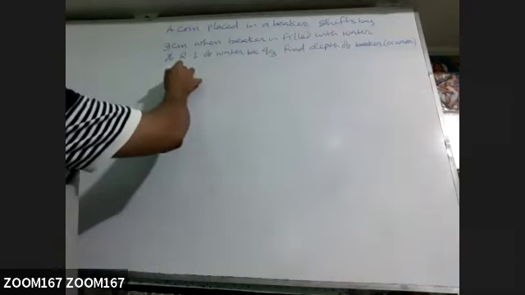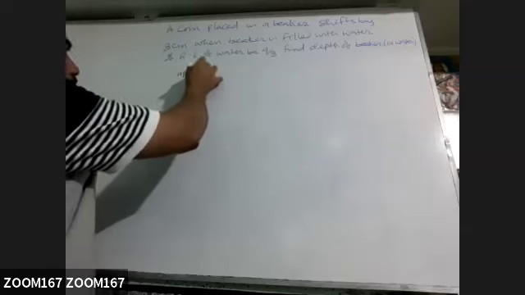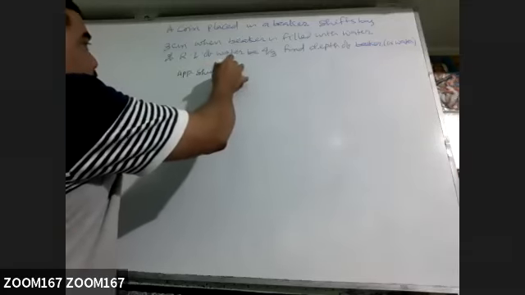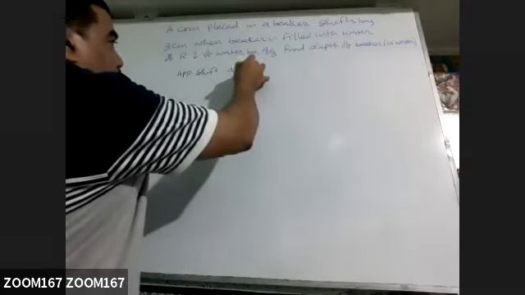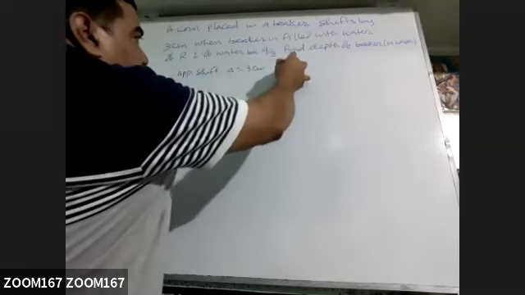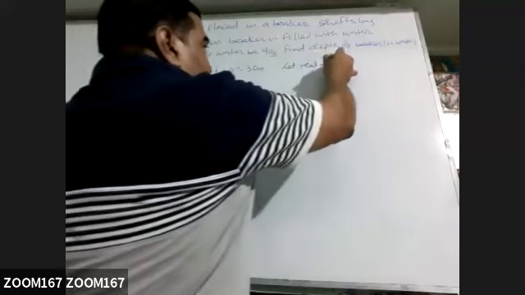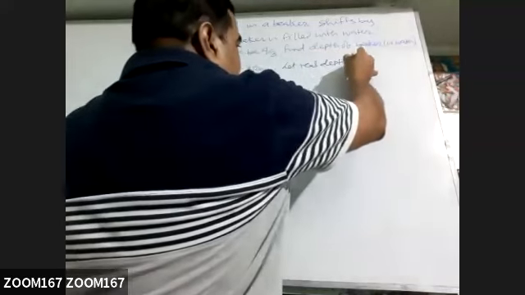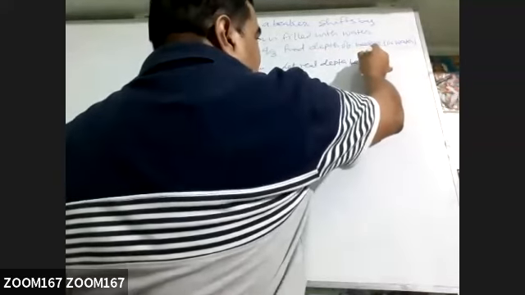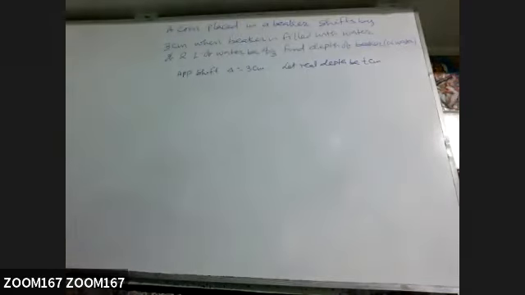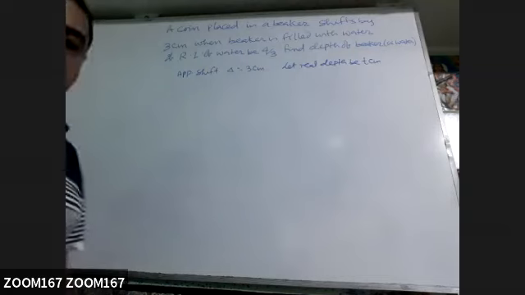So here you are given this apparent shift, 3 centimeter. What is the formula for apparent shift and thickness?